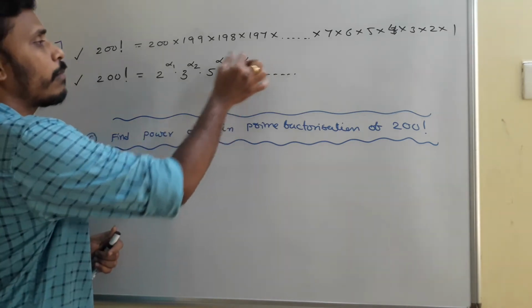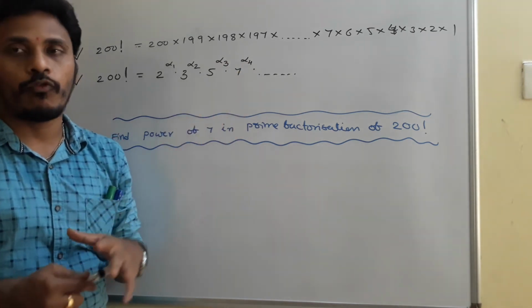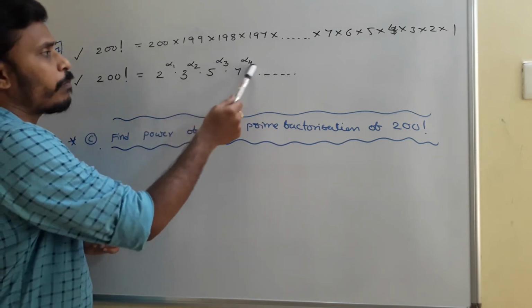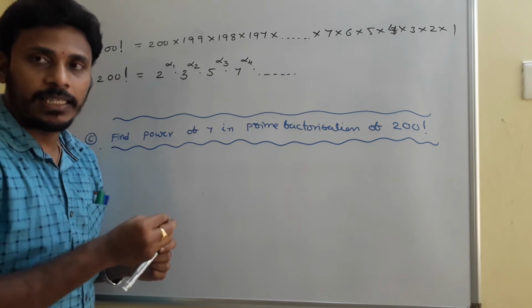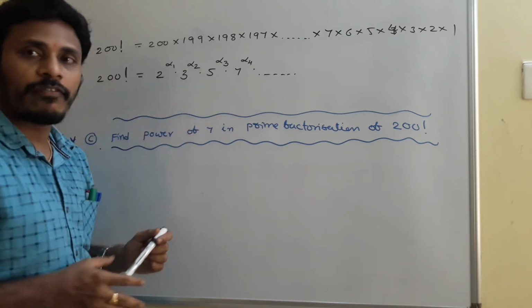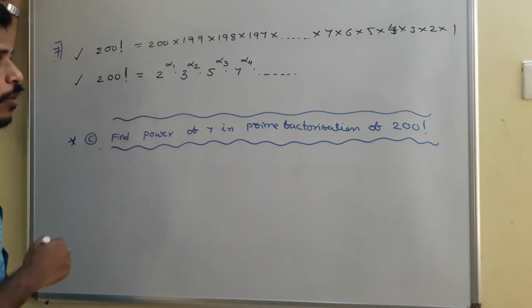That means there is some number in the power of 7, like this alpha 4, that we need to find. Finding the power of 7 in 200 factorial is simply finding the number of 7s in 200 factorial. First of all, think about it: how many 7s are there in 200 factorial?